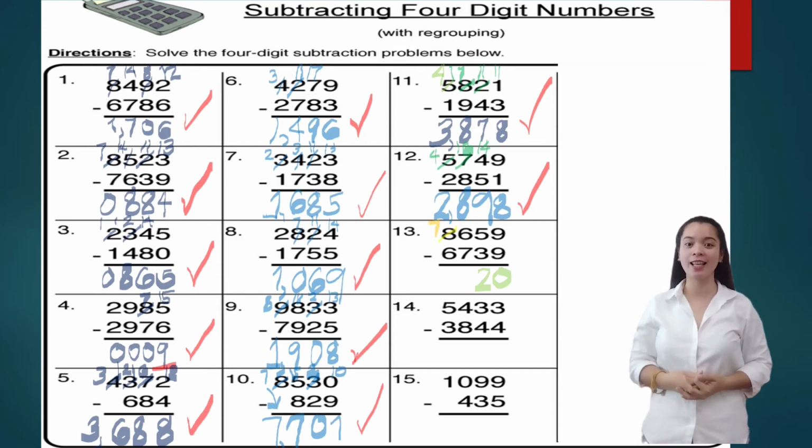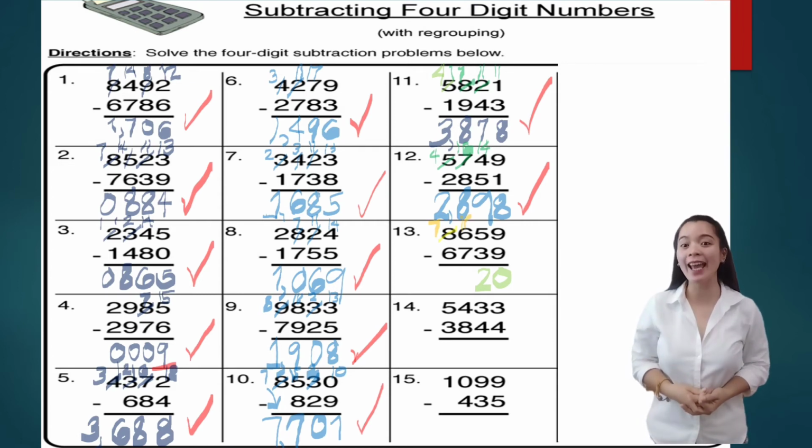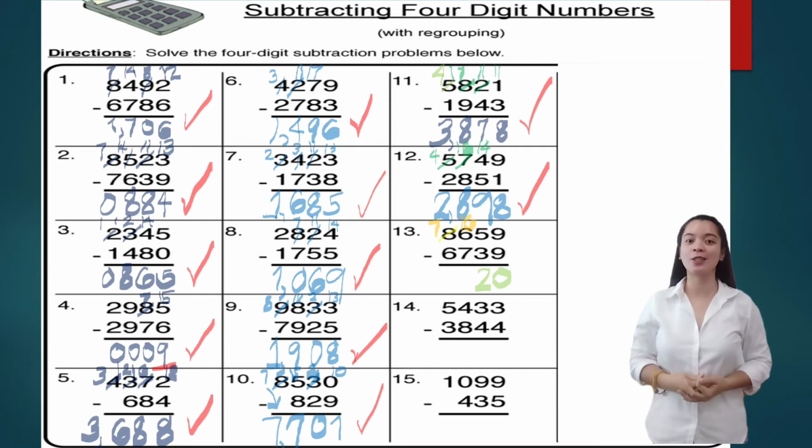Very good, 7. And 6 becomes 16. So we have 16 minus 7 equals, very good, 9.